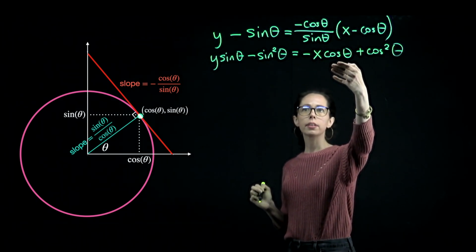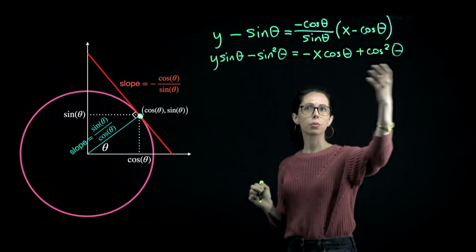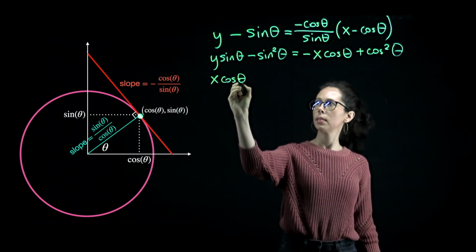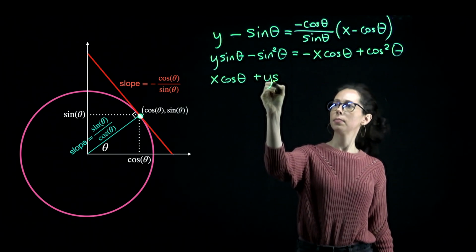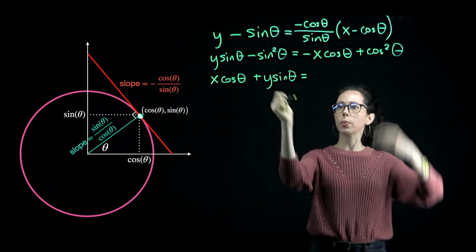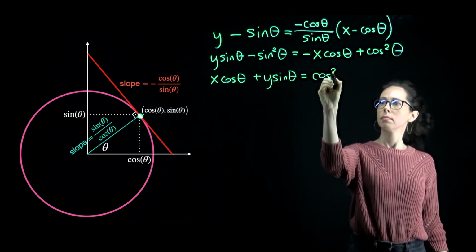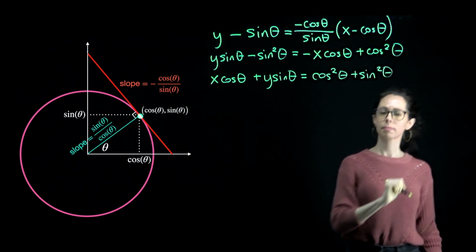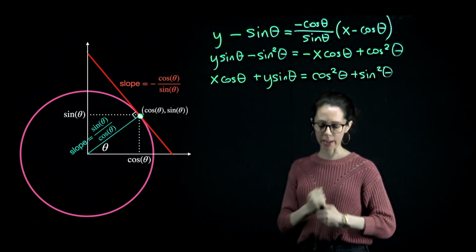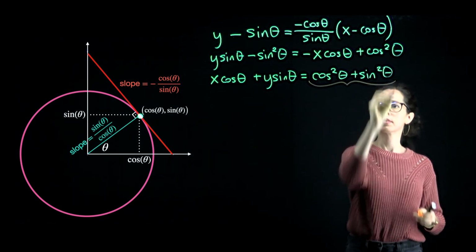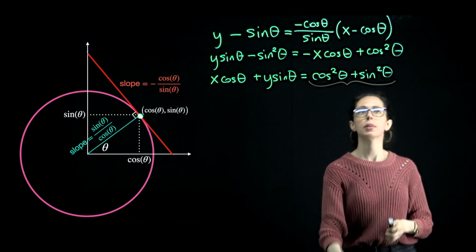We can bring this term to the left and this term to the right to write x cosine of theta plus y sine of theta equals cosine squared plus sine squared. But by the Pythagorean identity, cosine squared plus sine squared is 1. So let's write that here.